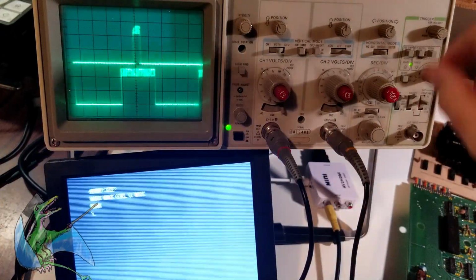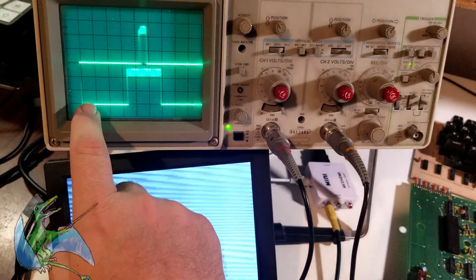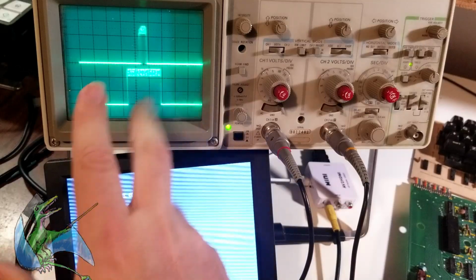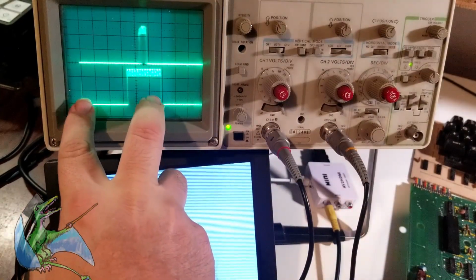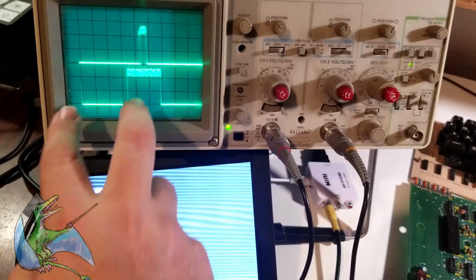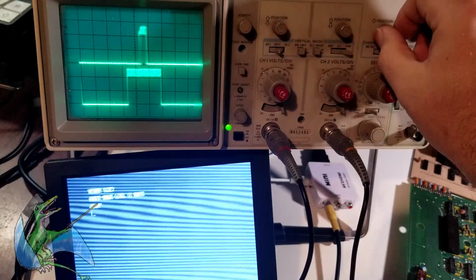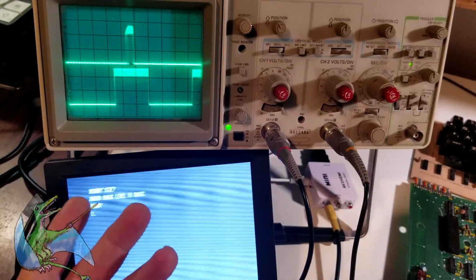If we look at these little squares, I scaled it so we're about 1, 2, 3, 4, 5, 6 squares long. So each square here is about 10 microseconds, or about 100 kilohertz. Anyway, you can see how we just got nothing but garbage on the screen.